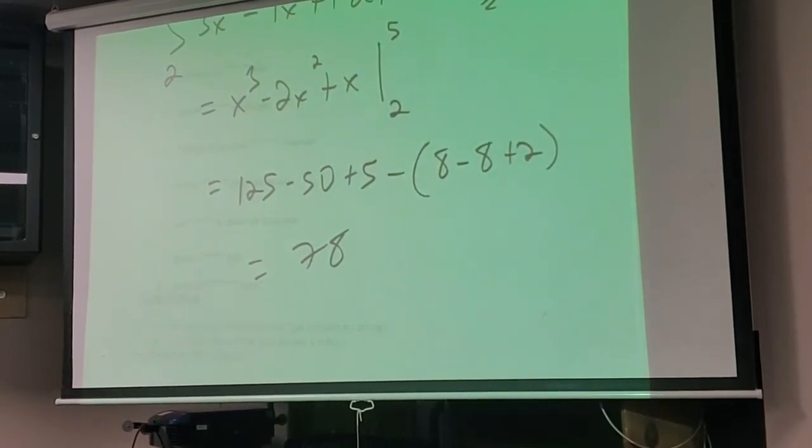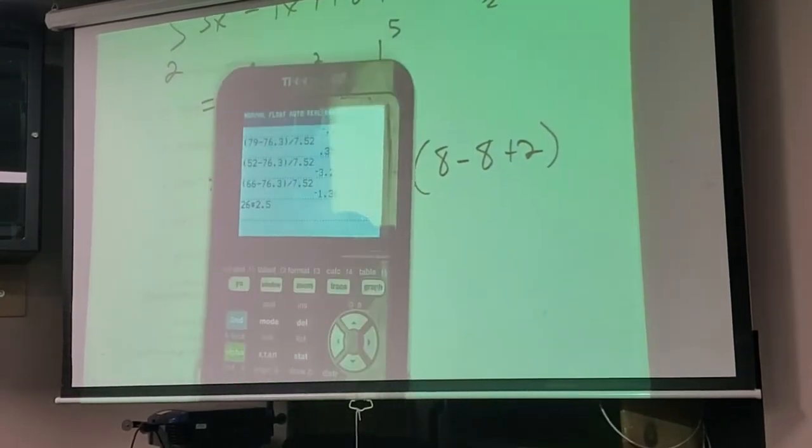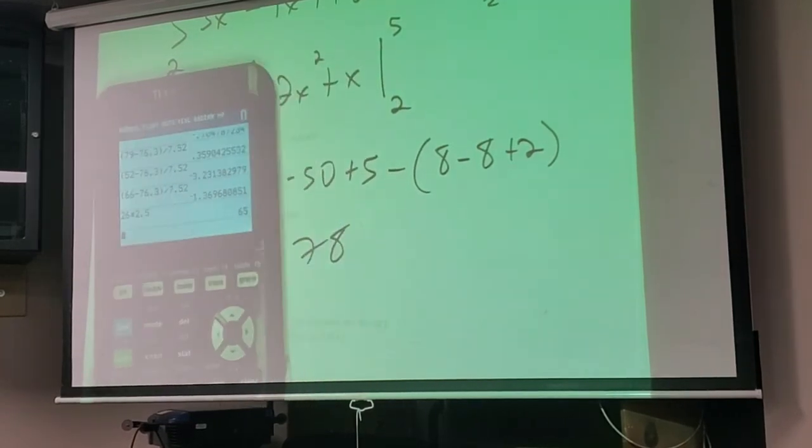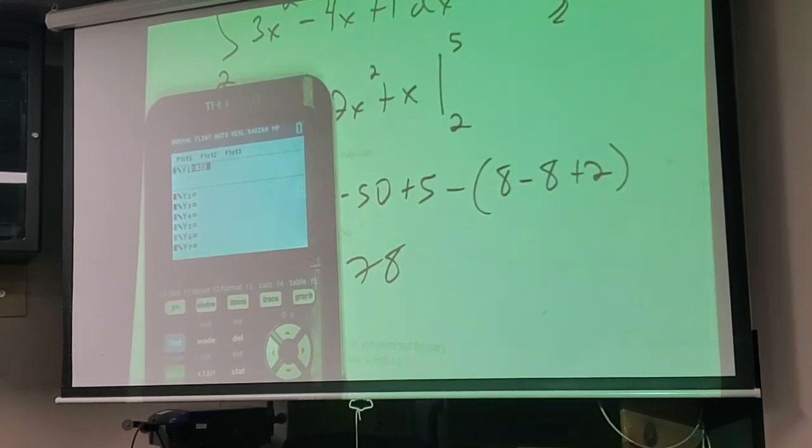the pièce de résistance. If you have your calculator, I can't remember, I think I showed you this already, did I? The way to make the calculator do the area? Did I show you that? Let's do that one more time. What was this? 3x squared minus 4x plus 1.